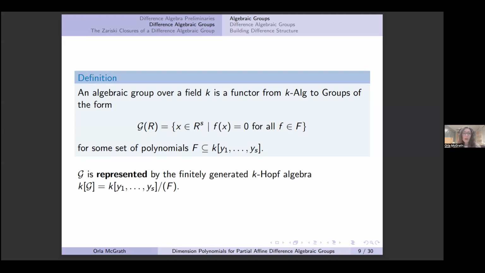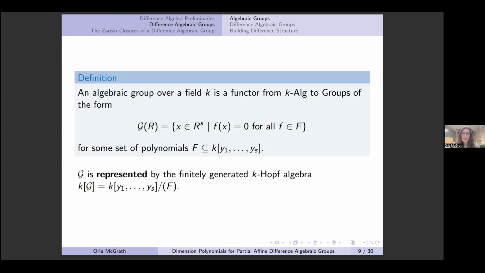If you're aware of algebraic groups, we can see that choosing an element of G of R for some K algebra R is equivalent to choosing a K algebra morphism from our algebra into R. So we actually have a dual equivalence between our algebraic groups and these finitely generated K-Hopf algebras. The Hopf structure is purely when we have group structure on the geometry side, this is reflected in Hopf structure on the algebra side. So this is what I said. I said those polynomials would need to take certain forms, and that form is that they would need to generate a Hopf ideal.